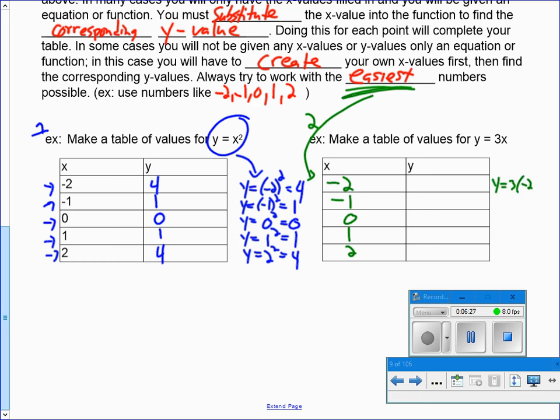So 3 times -2 would be -6. 3 times -1 would be -3. 3 times 0 would be 0. 3 times 1 is 3. And the last one would be 3 times 2 is 6.